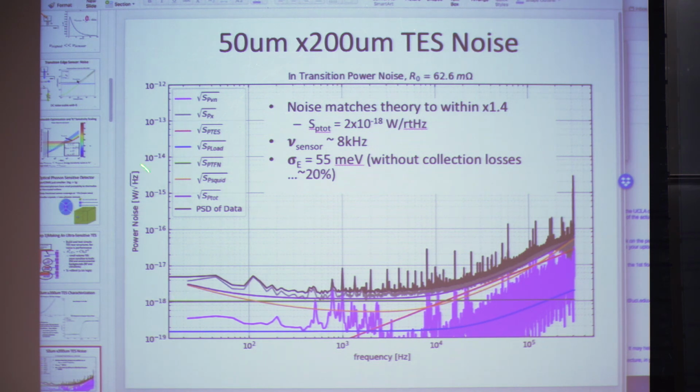I'm showing you in watts per root hertz, so it's a slightly different basis. Those two terms are the green, and the Johnson noise is the red. And here is the actual noise we measure. So there's something like a factor of 1.4 off from the theoretical, and the noise here is 2 times 10 to the minus 18 watts per root hertz.